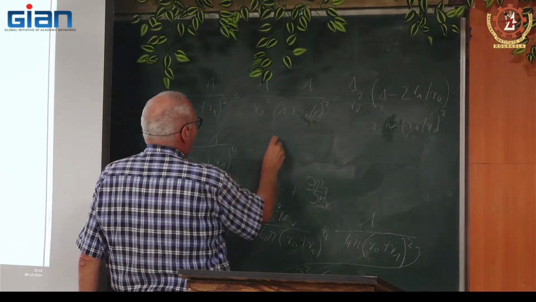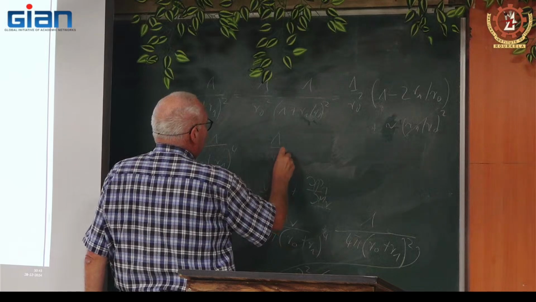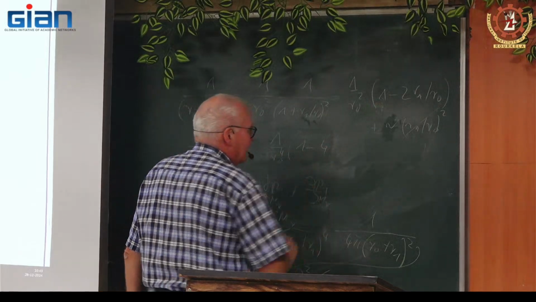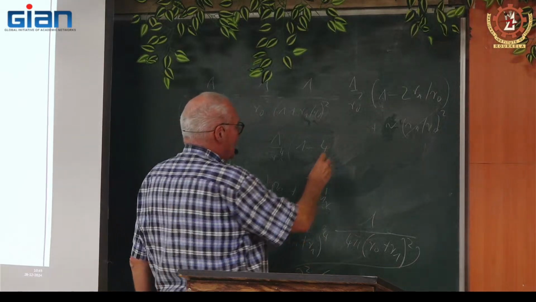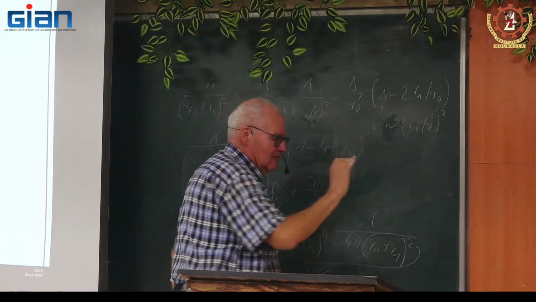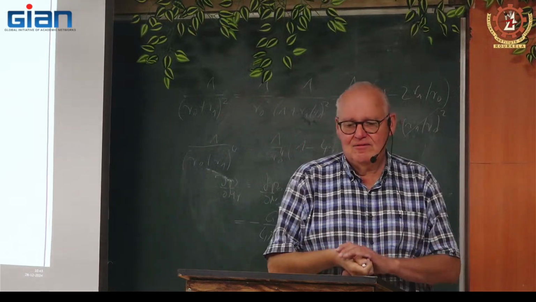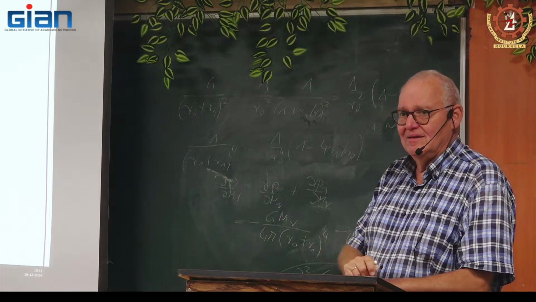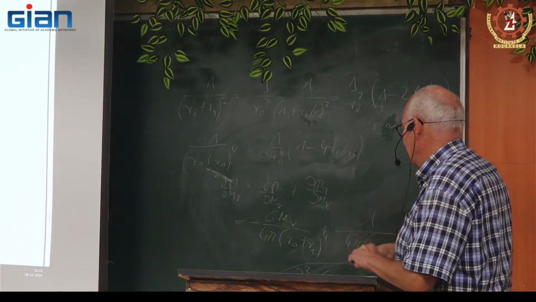This is 1 over r0 to the fourth times 1 minus, not 2 but minus 4 times r1 over r0, plus terms which we will ignore because they are higher order than the linear term.